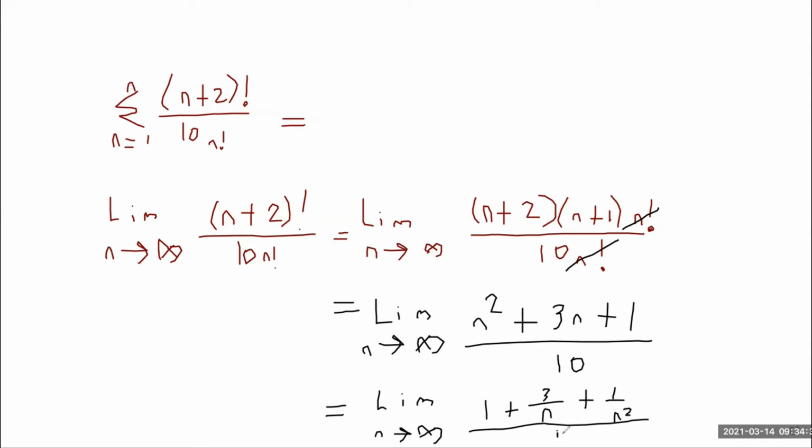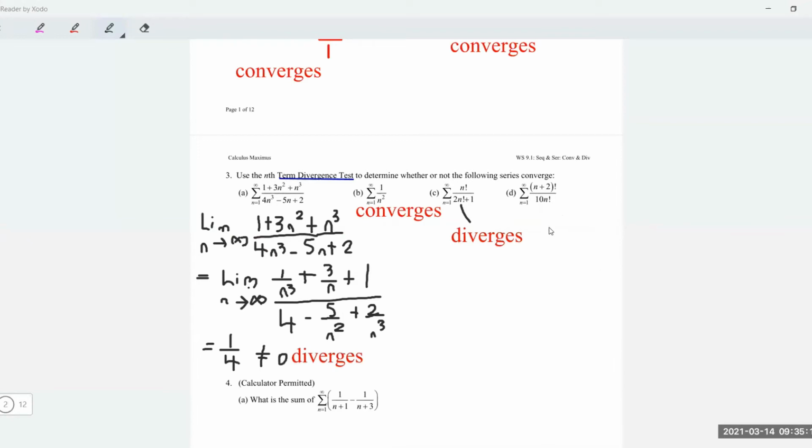Applying n as infinity, the numerator we get 1 plus 0 plus 0, so we get 1 over 10 over infinity, which is 0. And 1 over 0 is infinity. And so this one clearly diverges.